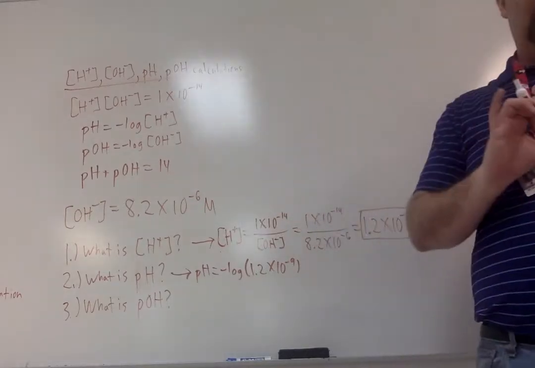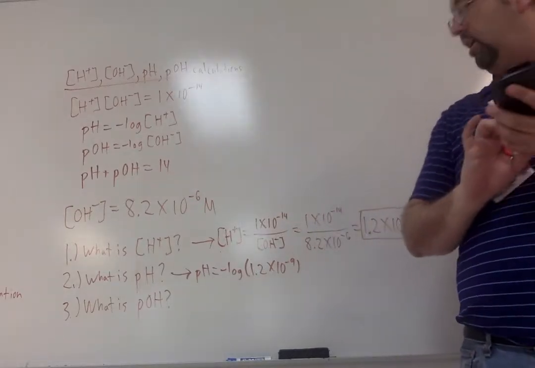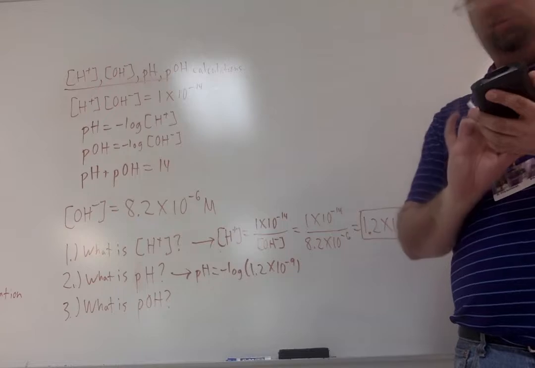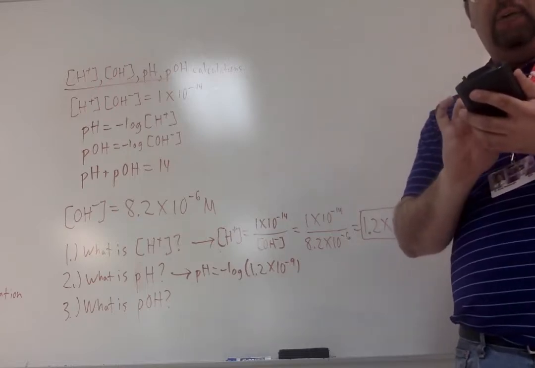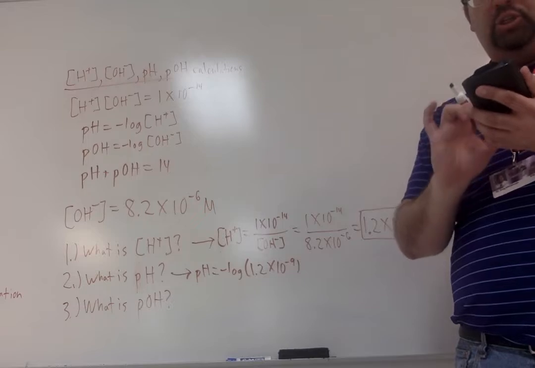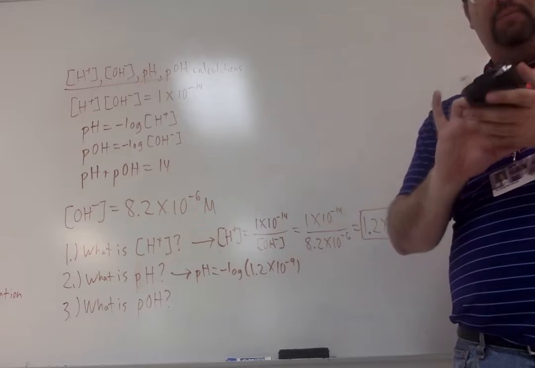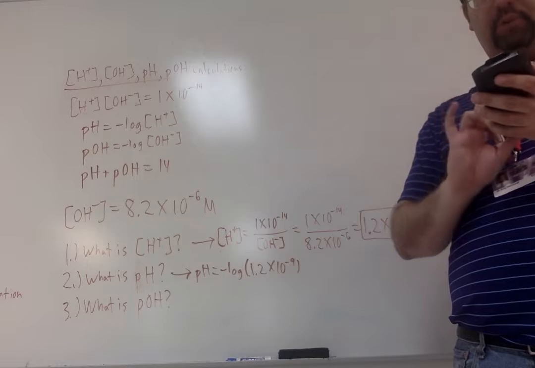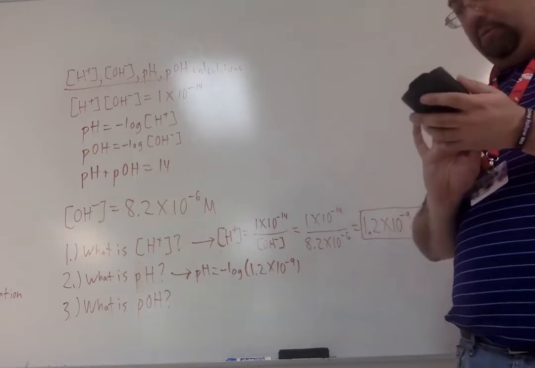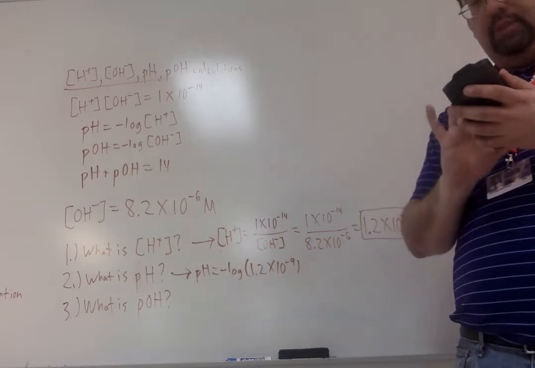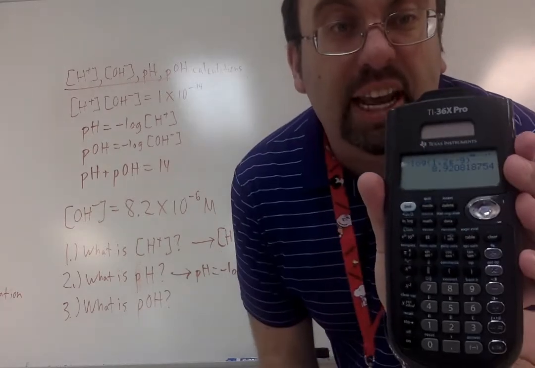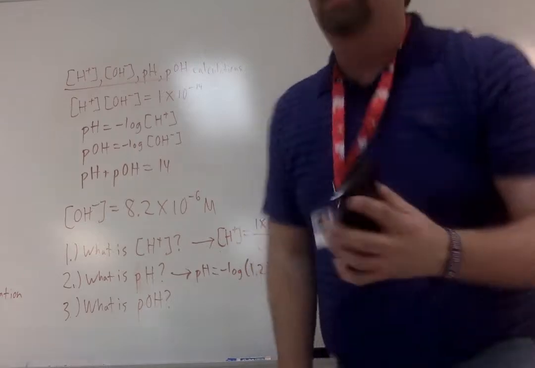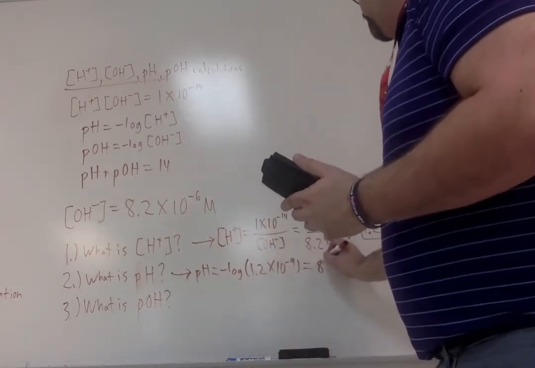So I'm going to go ahead and do that on my calculator. 1.2 double E negative 9. I end up getting about 8.9. And so the pH here is 8.9.